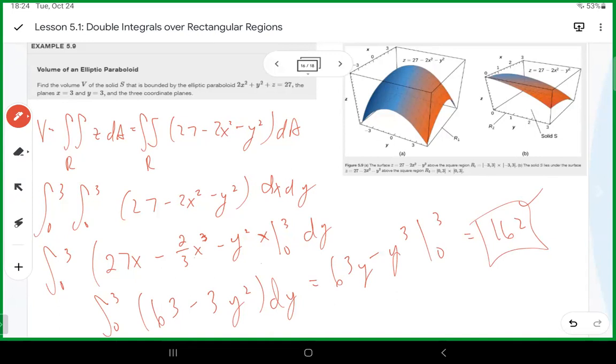If you need a little bit of extra notes here, we want to convert to an iterated integral and then integrate with respect to x.